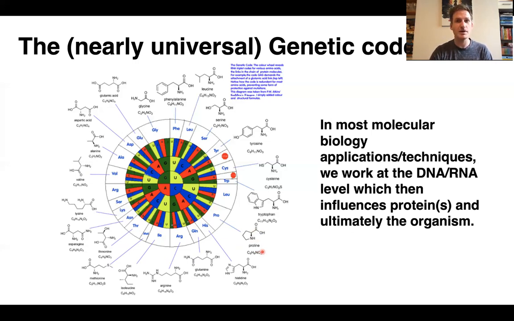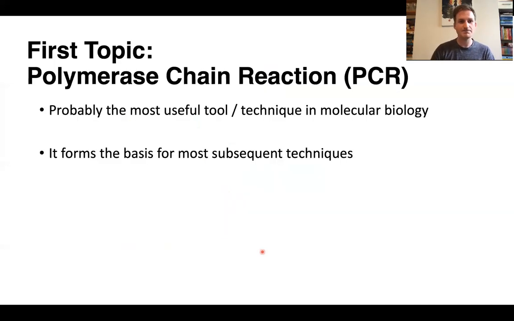There are a few microorganisms where this is not the case, but for higher organisms like plants or animals, this code is nearly universal, which has a huge utility in applications. The biggest application for this is the PCR reaction, or polymerase chain reaction.